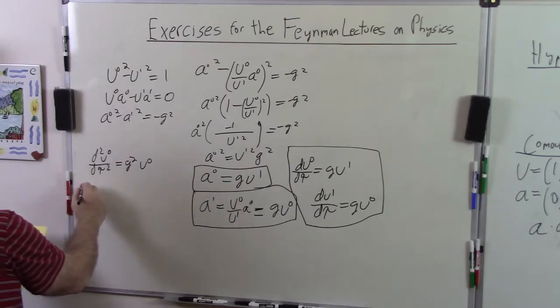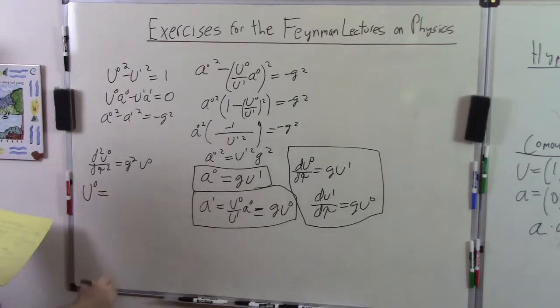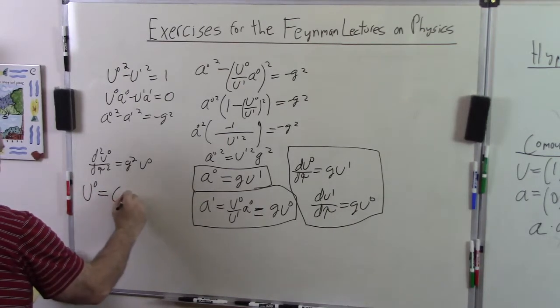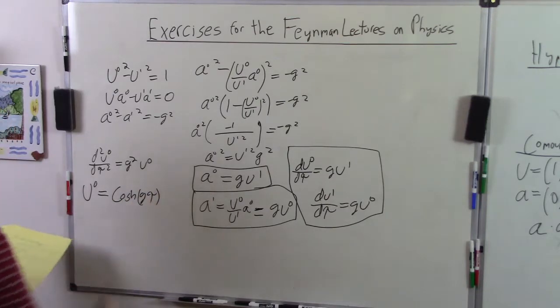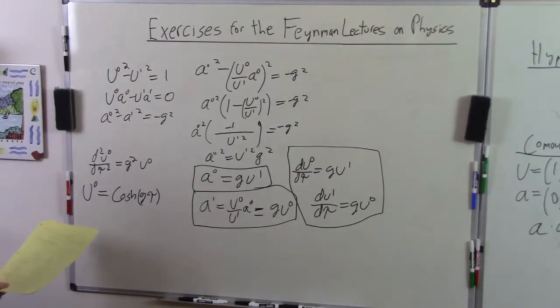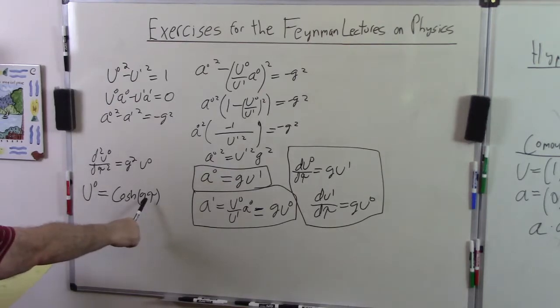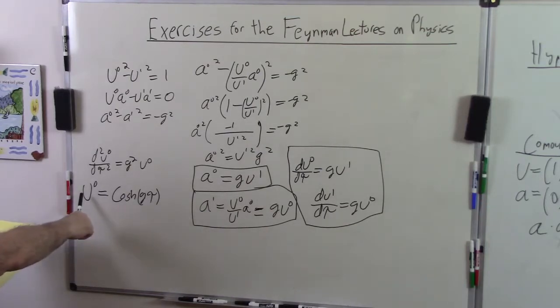In this case, I'm going to write the solution U0 is equal to hyperbolic cosine Gτ. And I'm leaving out the hyperbolic sine term because when I take the derivative of this, I'm going to get the hyperbolic sine. When τ is 0, U0 is going to be some number, and the sinh won't add to that.